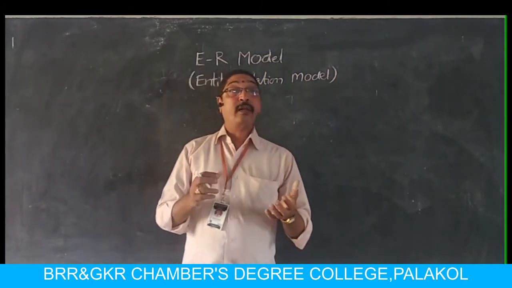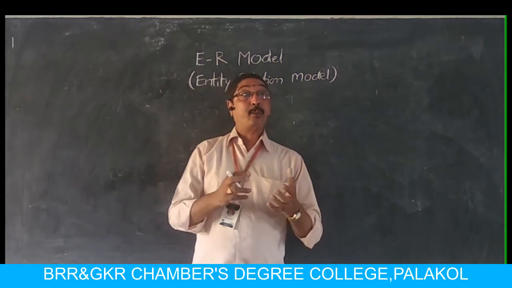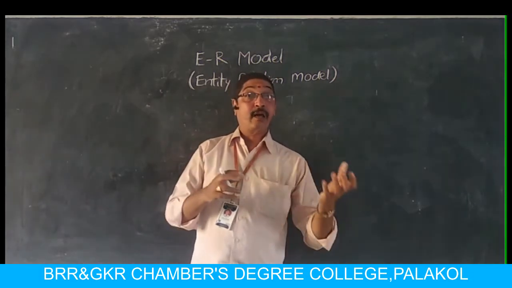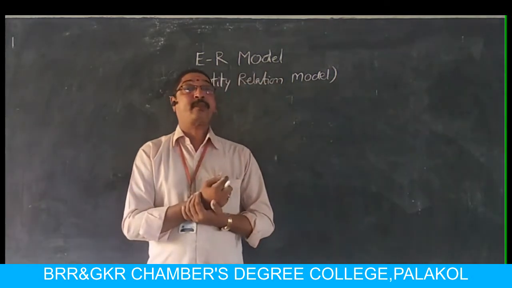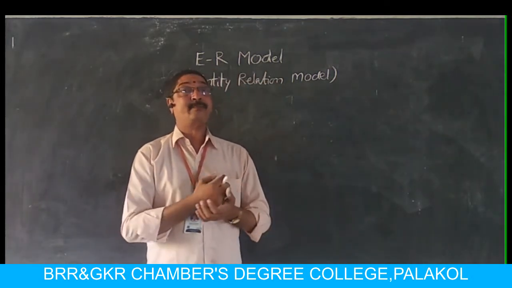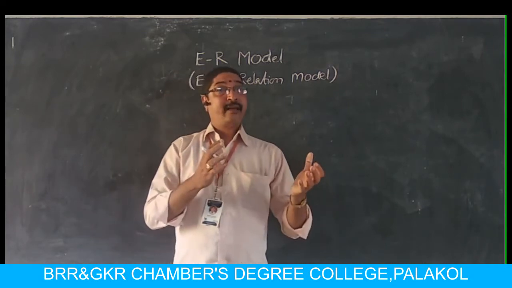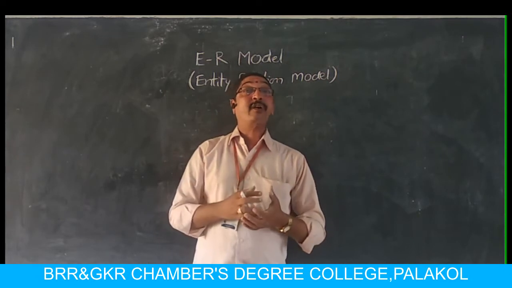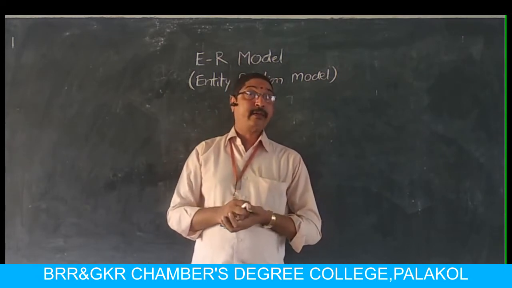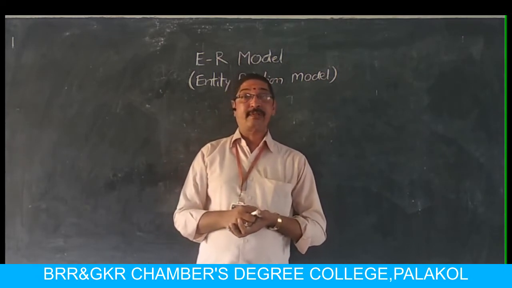Then only will we have a clear understanding about what the entities are, what the attributes of those entities are, and what the relation between those entities in the system is. The relation between these entities can be represented with the help of ER diagrams, entity relation diagrams.